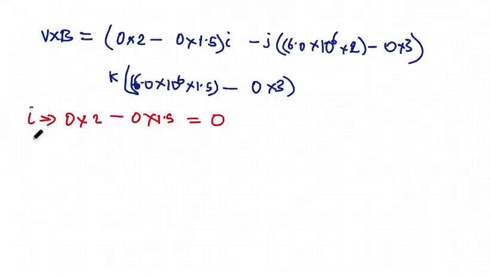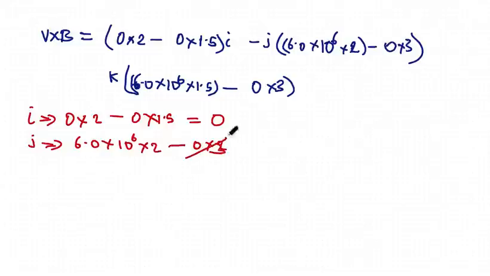Then for the j component, I have 6.0 times 10 power 6 multiplied by 2 minus 0 multiplied by 3, and this will be equal to 12 times 10 power 6, or rather, it should be 12 times 10 power 6.